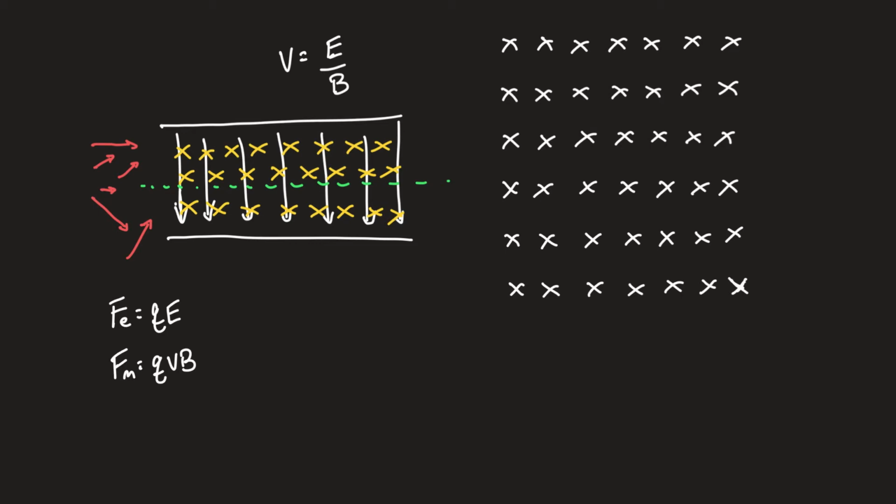Now, how could this be useful? Well, we now have a way to select the velocity of particles. Over on the left-hand side, you can imagine we have some source of charged particles, maybe like thermal emission, where you've got an electrode that's really hot, and you've got particles being ejected off it at random speeds in random directions.